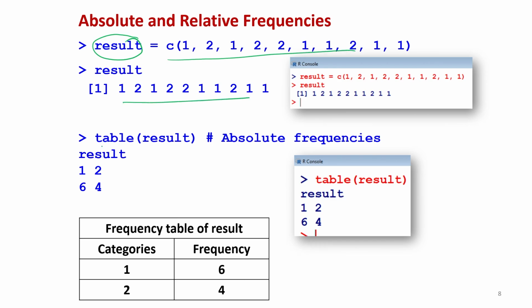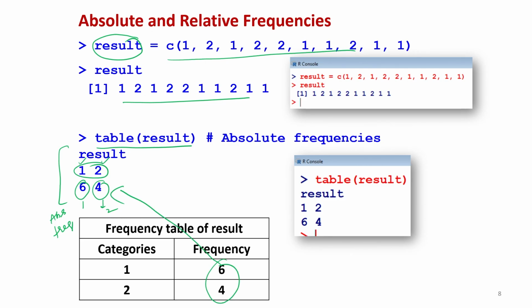Now if you try to see table result, you will see that it comes out like this. The first row is indicating the categories 1 and 2, and this 6 is indicating the absolute frequency of category 1, and this 4 is indicating the absolute frequency of category 2. So you can see this was the same result you obtained earlier.